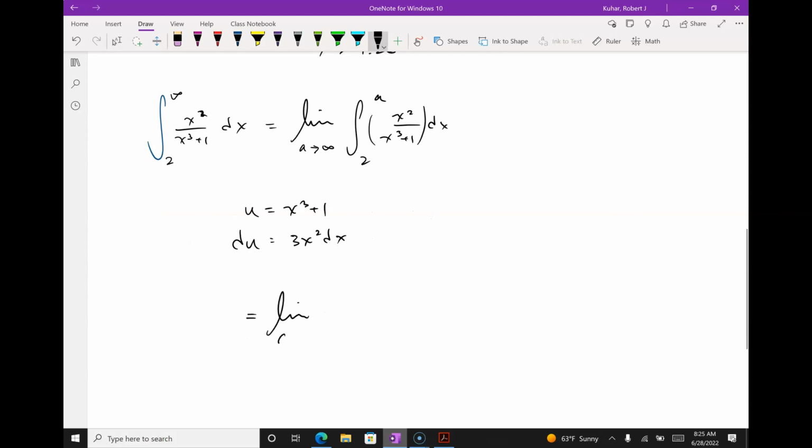So I've got the limit as a goes to infinity of the integral from 2 to a of, let's see, I need a 3 upstairs, so I'm going to multiply by 3 and divide by 3. Is that okay? I multiplied upstairs by 3, so I have to cancel it by dividing by 3.